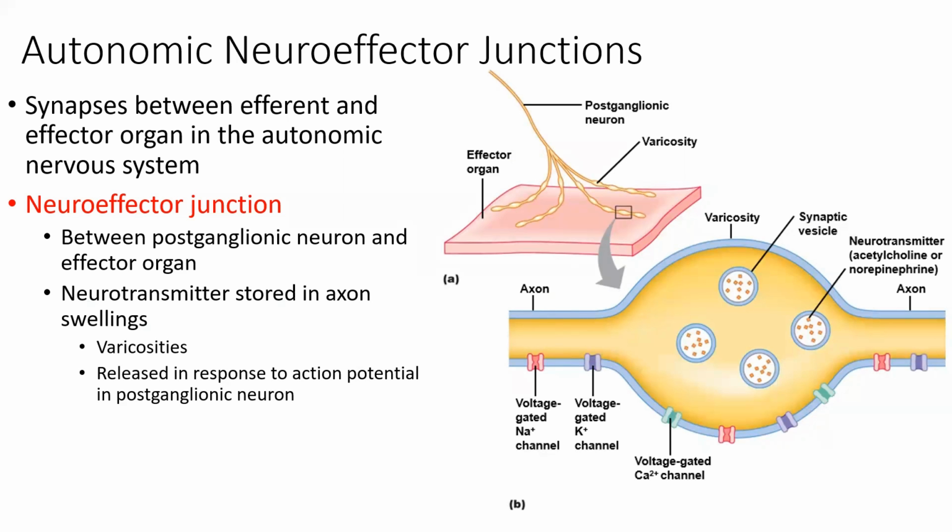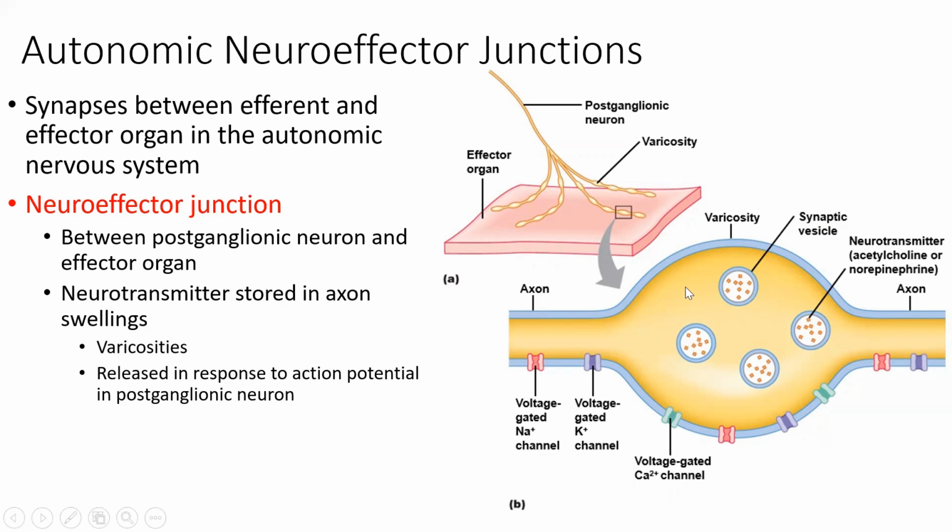Whereas at our neuron to neuron synapse we have our vesicles stored in the axon terminal, here we have our vesicles stored in a swelling called a varicosity. Those are the two main structural differences between a neuron to neuron synapse and the neuroeffector junction between the postganglionic neuron and the effector tissue.